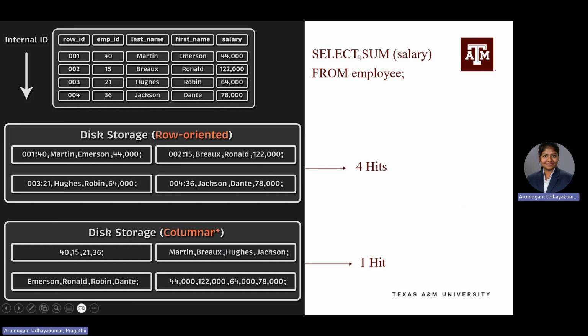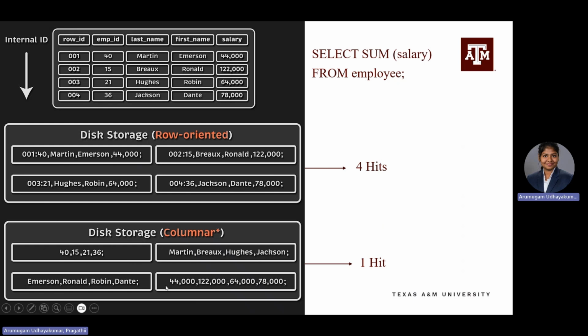For example, if I'm executing this select sum of salary command, in the row-oriented format this will require 4 hits because there are 4 rows in the table, and to calculate the sum of salary it has to go through each and every row, retrieve the salary, and then calculate the sum. But in the column format, every column is stored in a single vertical.